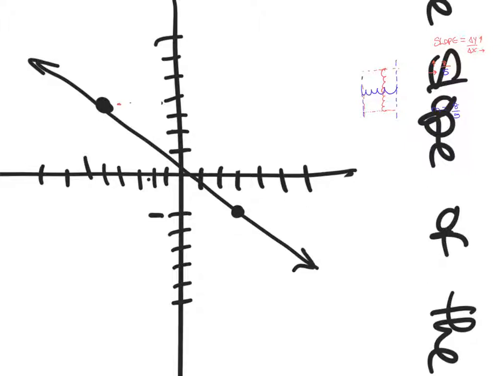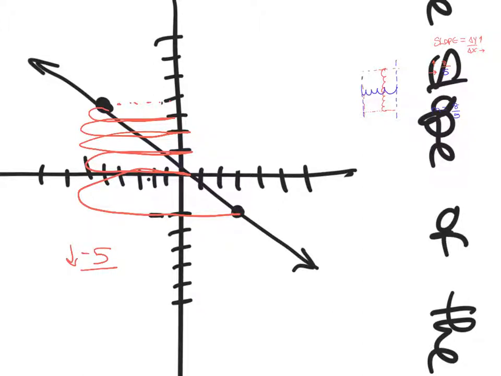In this case, I'm going to go down 1, 2, 3, 4, 5. So I'm going down 5. That's -5. And I'm going to go over 1, 2, 3, 4, 5, 6, 7, 8 to the right. So the slope of that line would be -5/8.